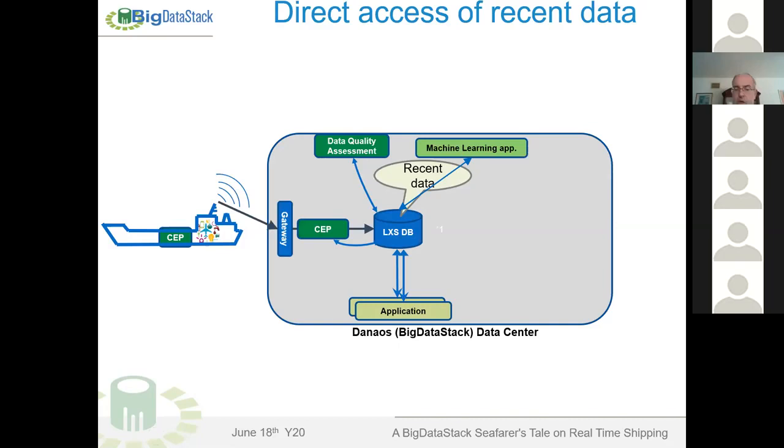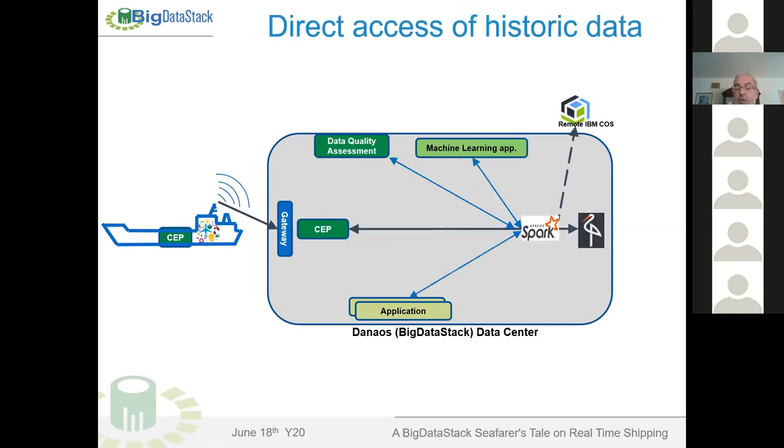But what if these services or applications want to retrieve historical data? So this can be done by accessing object storage, which might be either local or remote. And here comes a problem, which is that in fact your logical data set is potentially within two places.